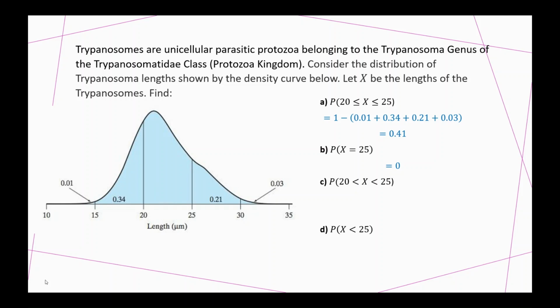So between 10 and 35, there are an infinite number of possible lengths these protozoa could be. We'd be taking our one option, 25, out of an infinite number of options.